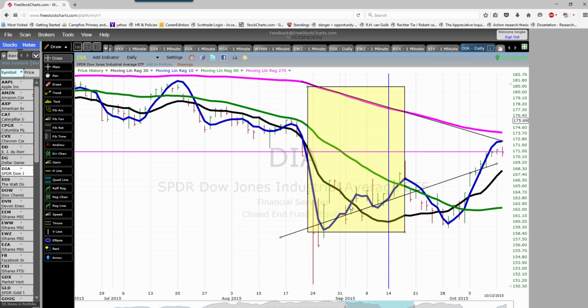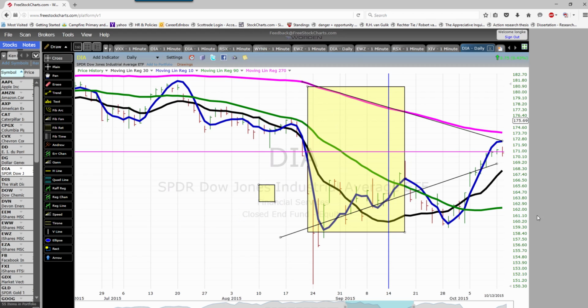Then the 10 crosses the 30, the 10 crosses the 90, the 30 rolls over and crosses the 90. Together they go join the 270, which is slowly adjusting its opinion downward, and now we have this climbing the wall of worry.